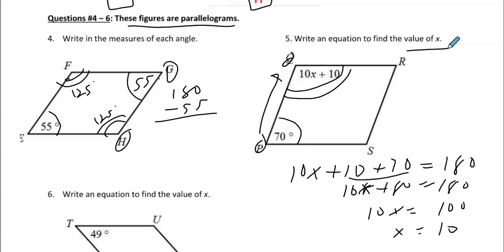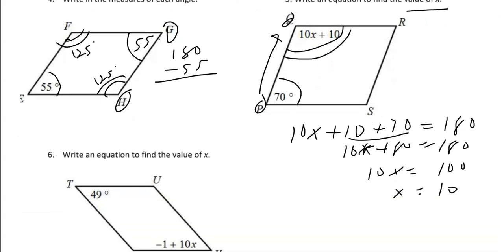All right? Now, if we wanted to, just for practice, if we know this one's 70, we know this one's 70. And if we plug in a 10 right here, 10 times 10 is 100, plus 10 is 110. Another way of doing that would have been 180 minus 70. Okay? And that's actually a shortcut. We talked about this in class.